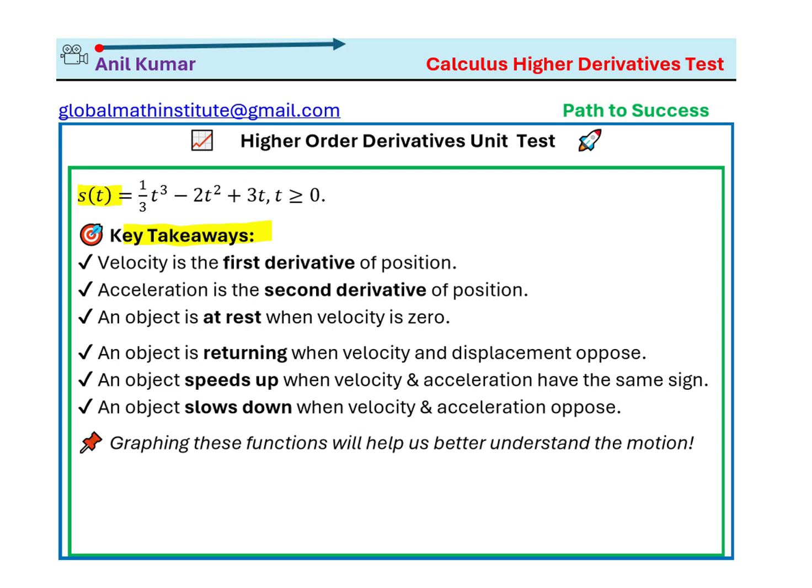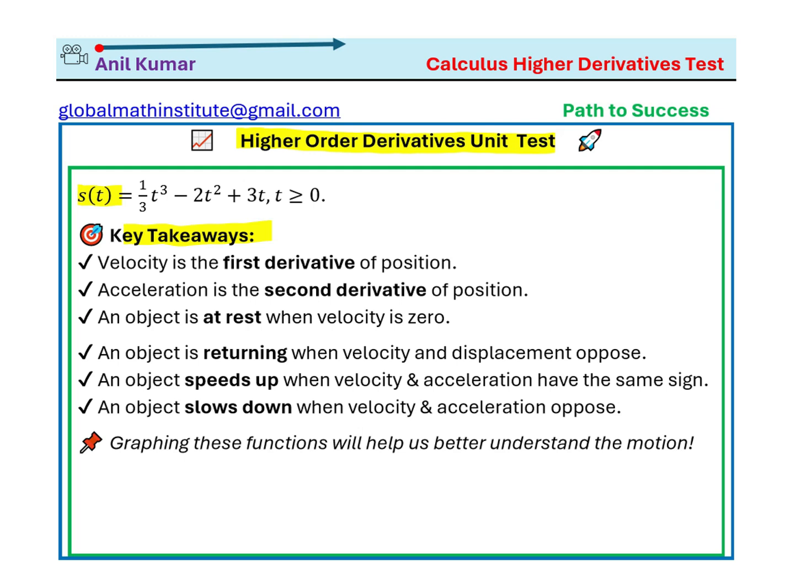So velocity is the first derivative of position, acceleration is the second derivative of position. You can say acceleration is the rate of change of velocity, right? So that is what we mean by higher order derivatives. Rate of change of position is velocity and rate of change of velocity is acceleration. So that is a higher order derivative.